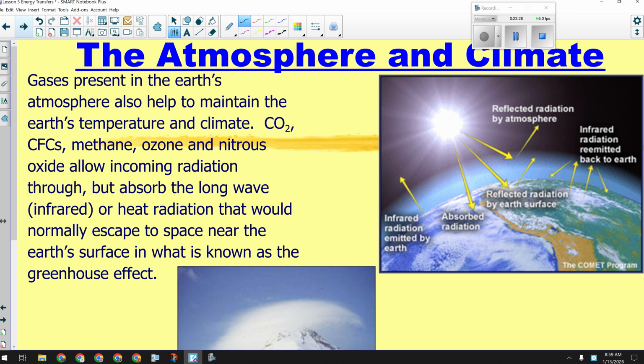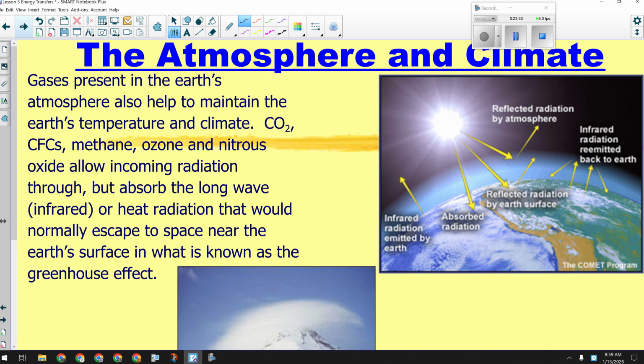If Earth had no greenhouse effect, it would be a ball of ice. In fact, Earth has had a period of time in its past where it had so little CO2 in the atmosphere that it actually caused a global ice age, like hundreds of millions of years ago, and that period of time is known as snowball Earth.